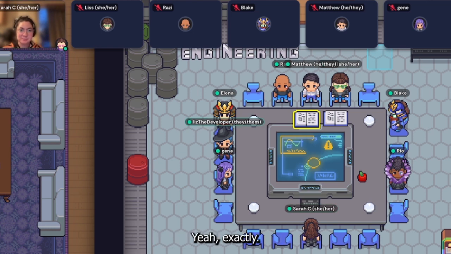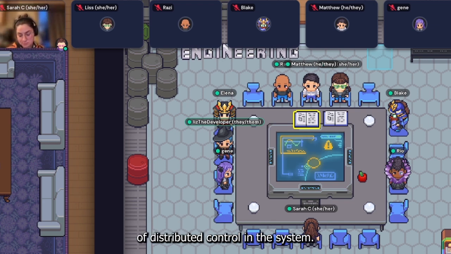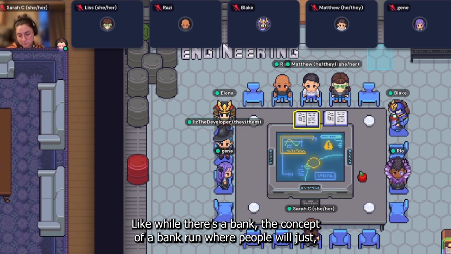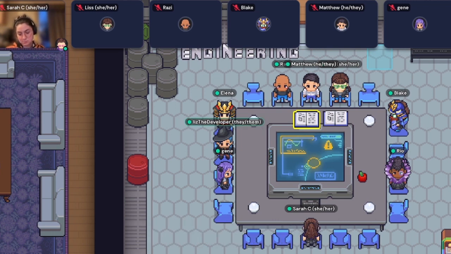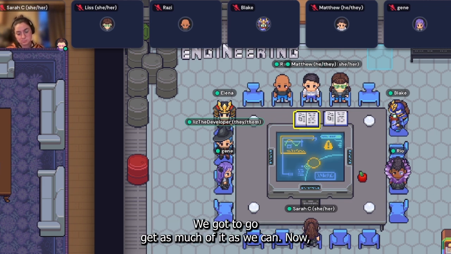Yeah, exactly. The agents themselves are a big element of distributed control in the system. While there's the concept of a bank run, where people just say, oh no, the bank's going under, we're going to lose all our money, we've got to go get as much of it as we can now.